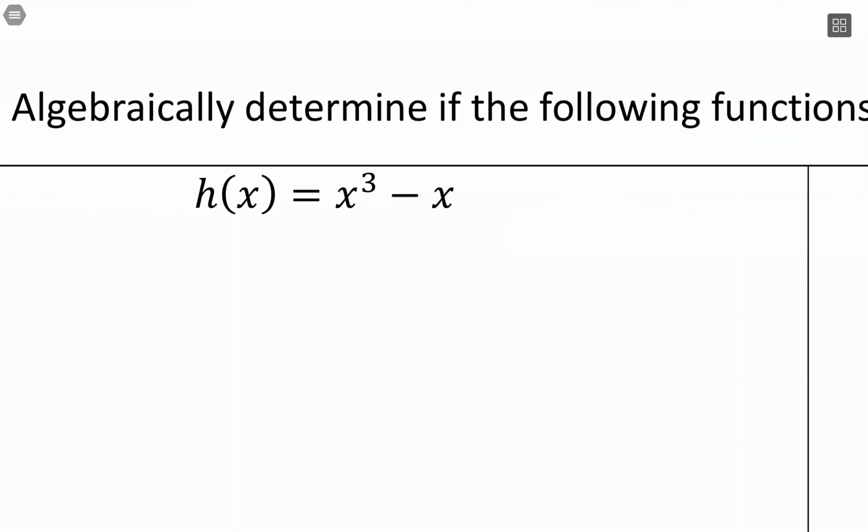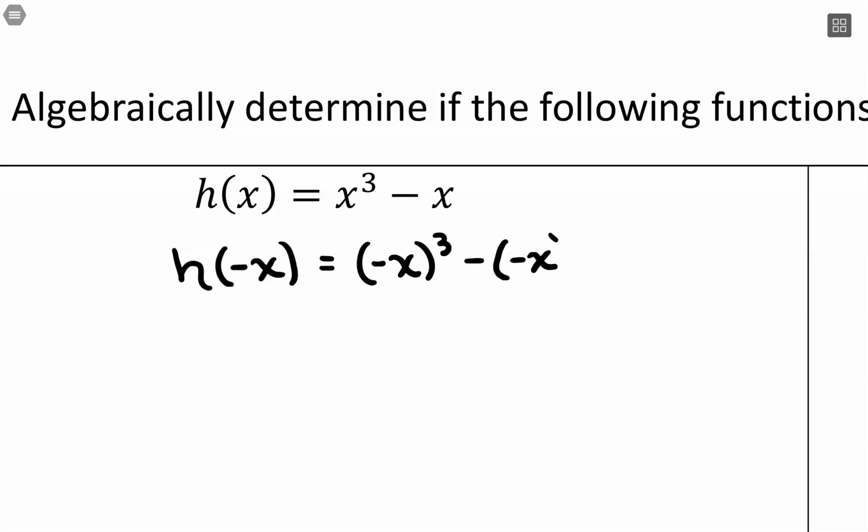So for our first example here, I'm going to look at h of negative x. And that's going to look like negative x cubed minus negative x. And then I'm going to simplify. So this first one here will be negative x cubed, and then subtracting negative x is the same thing as plus x.